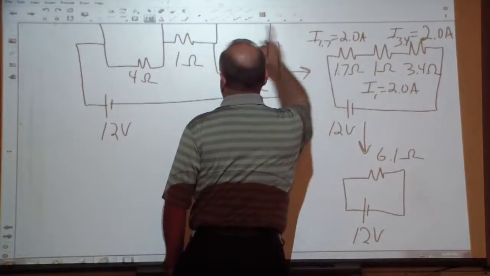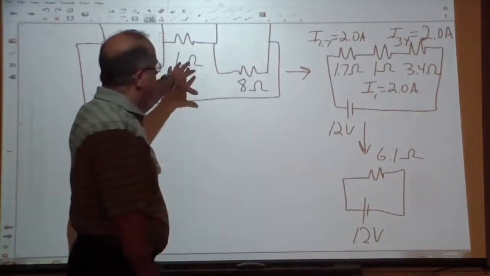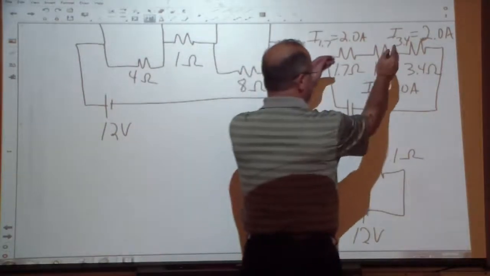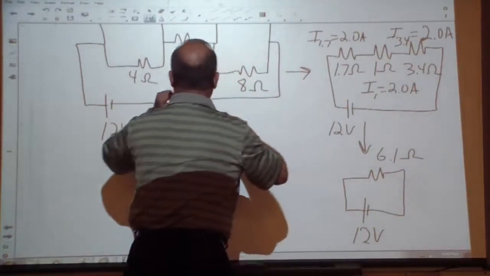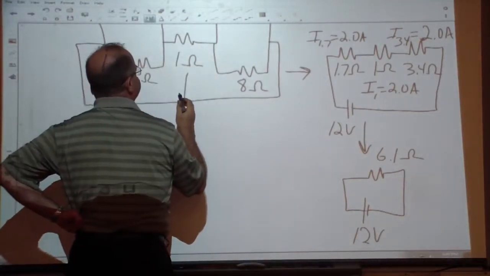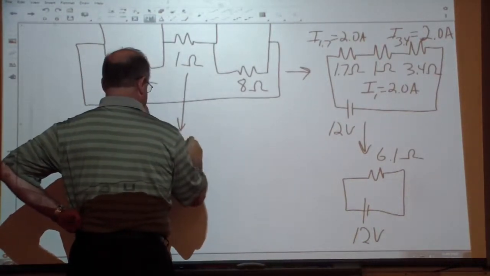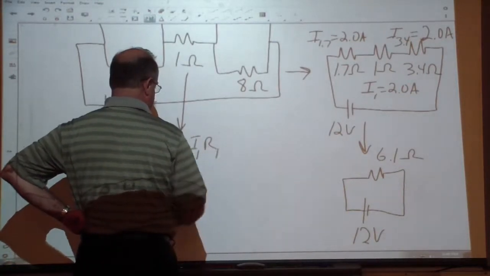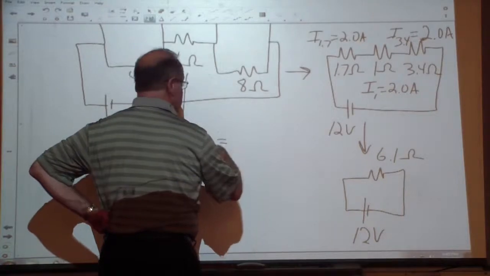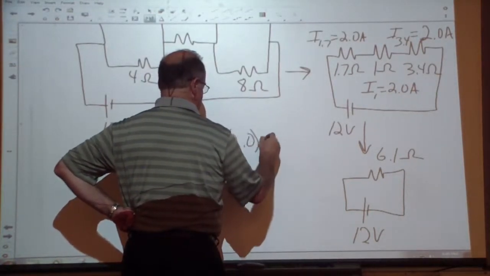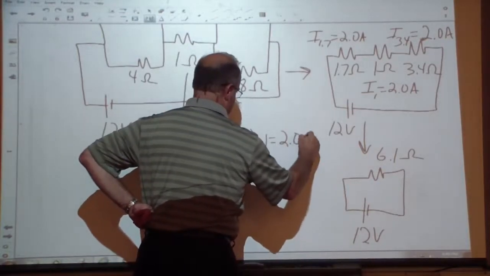Now this one is that one, so we have everything but the voltage in that, don't we? Let's go ahead and finish that one out then, okay? And then we'll work on these two after that. So here we go. Let's get our voltage. So we do V equals IR. It's going to be the 1 ohm. 2.0 amps times 1, which equals 2.0 volts.